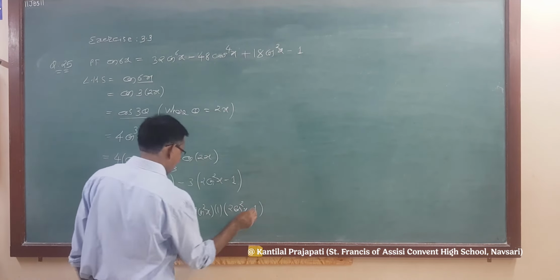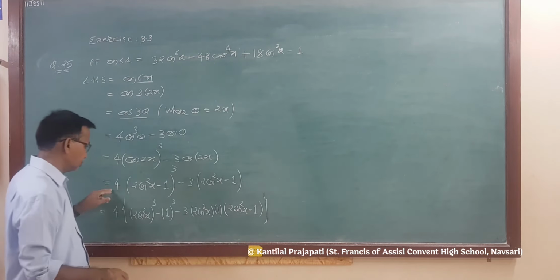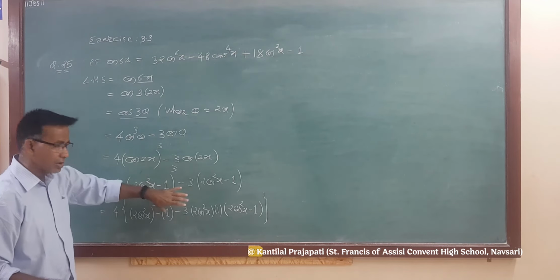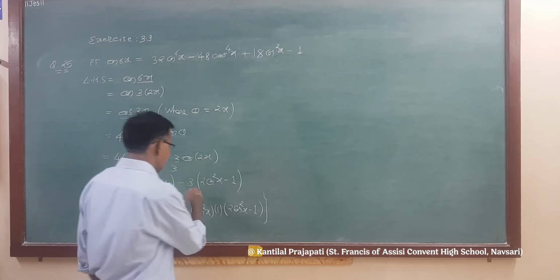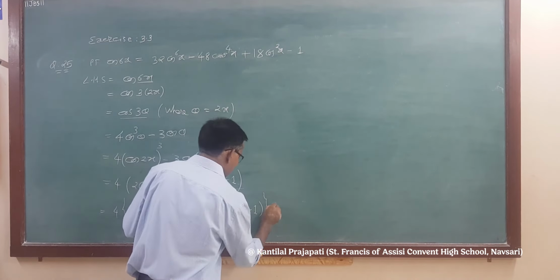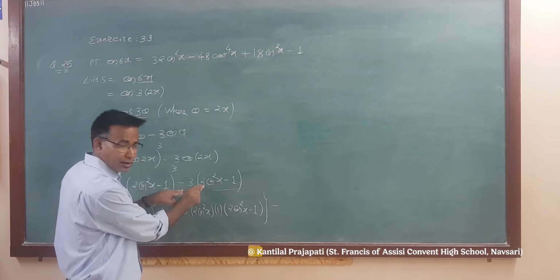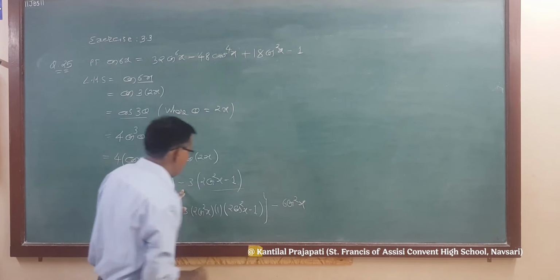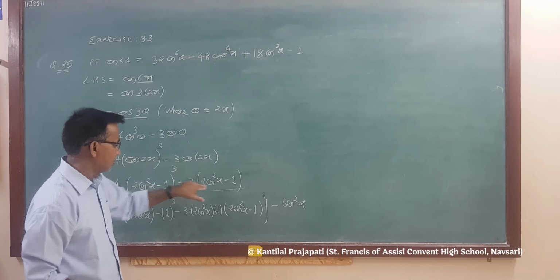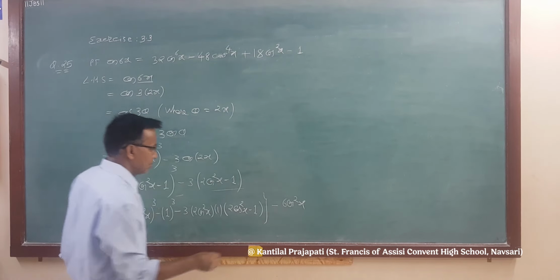Simplify this: minus 3 into 2, that is 6 cos square x, and minus 3 into minus 1 is plus 3.